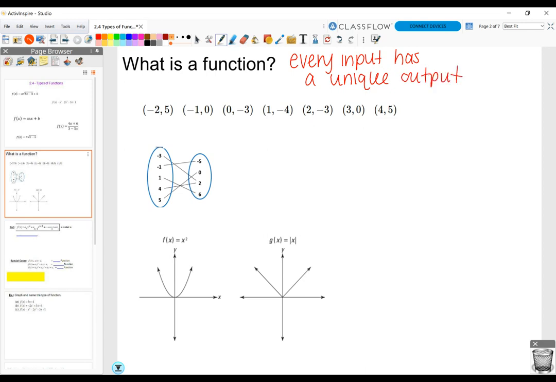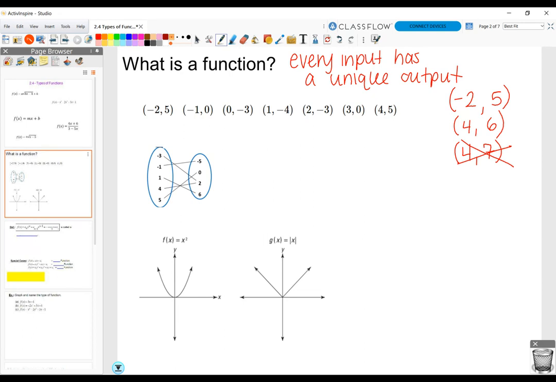Essentially, it's like a vending machine. Every time I press the button -2, I should get out a 5. Every time I press the button 4, I should get out a 6. If I press 4 and I get out a 7, then my vending machine is broken. So every input has a unique output.